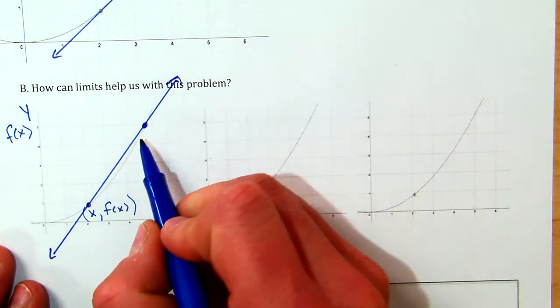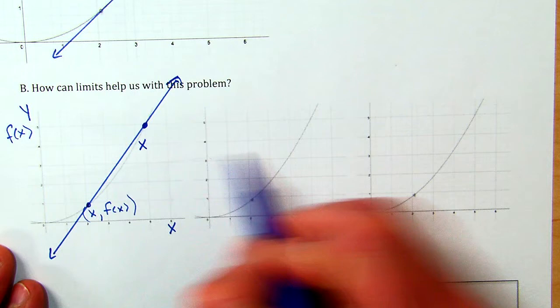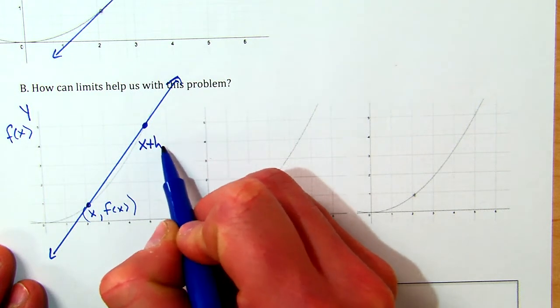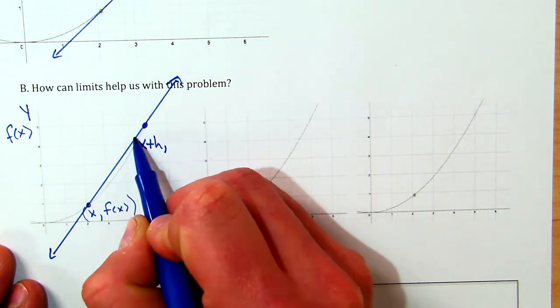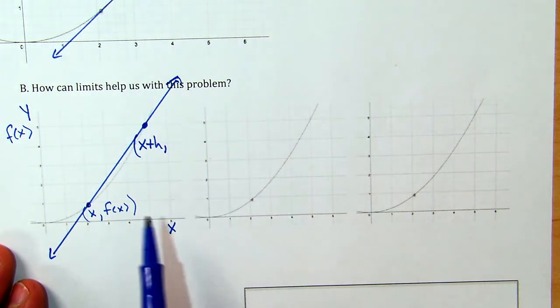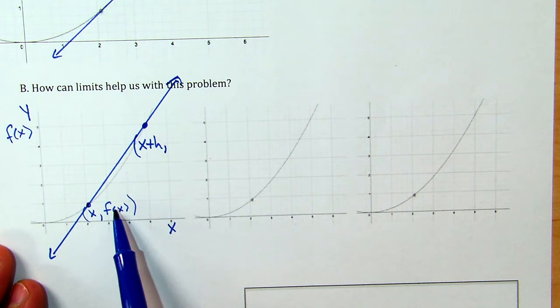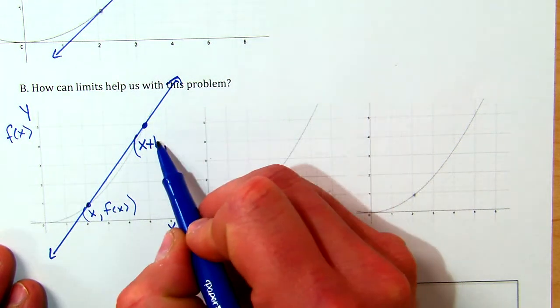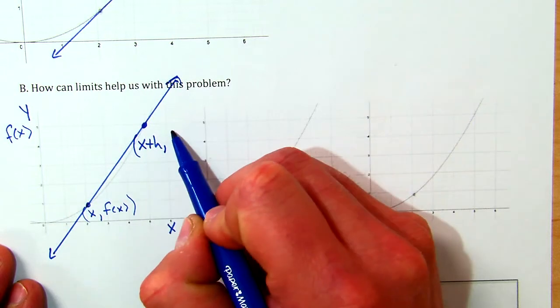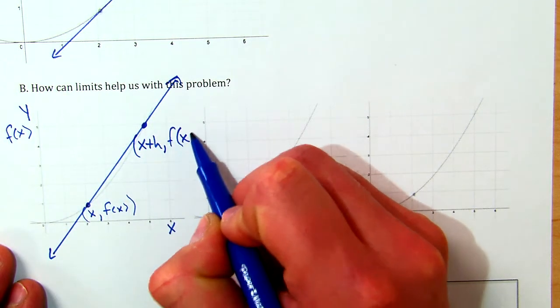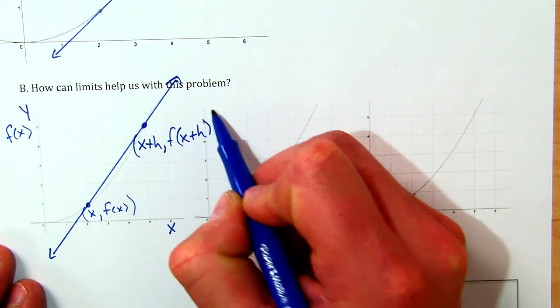So if I start at x and I move over h, we're going to call that x plus h. The y value is x after it's been run through function f, so this would be f of x plus h.